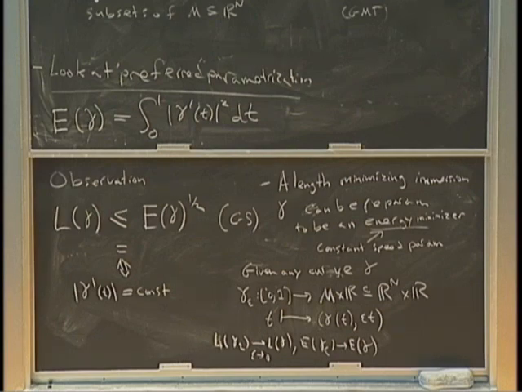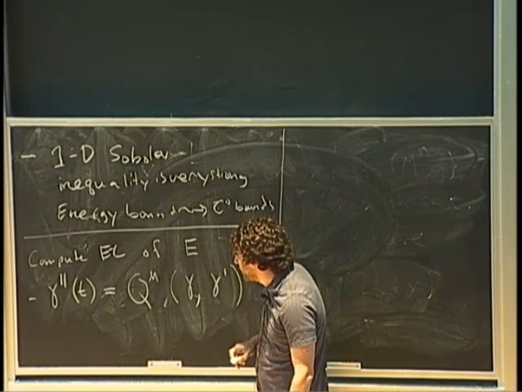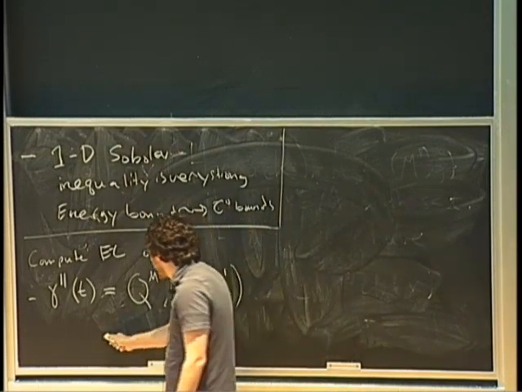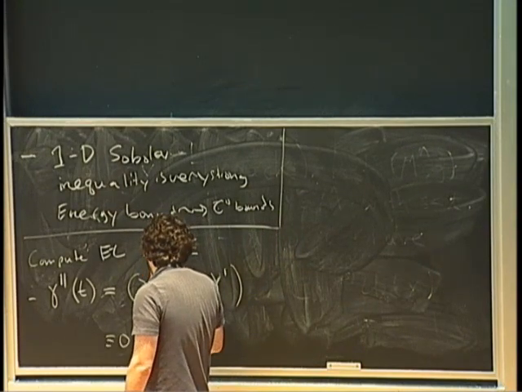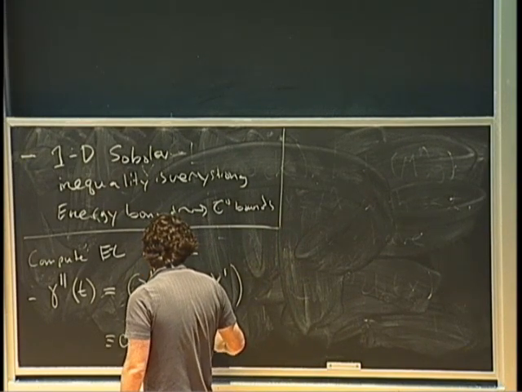prime of t is equal to some function q, which depends on the constraint manifold M, and this is a function of gamma and gamma prime, some kind of polynomial in these expressions, which of course is identically 0 if M is a Euclidean subspace.